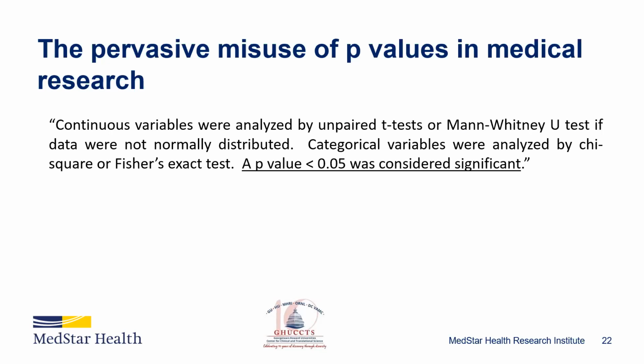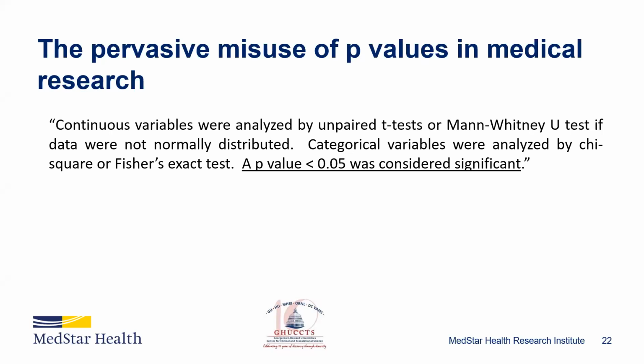That's a test used when the distribution is not normal, or the data is not normally distributed. Categorical variables were analyzed by chi-square or Fisher's exact test, and then they make the statement a p-value of 0.05 was considered significant. And that's a very common sentence that you see in statistical methods.